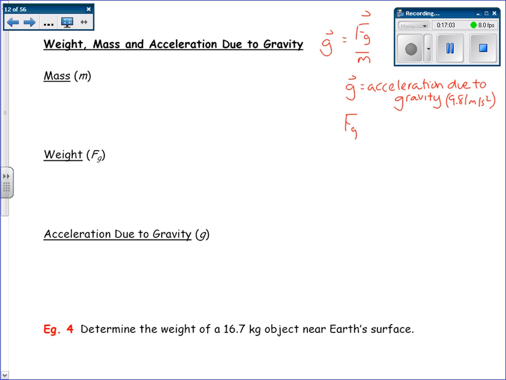Fg is the force of gravity in newtons. It's also called weight. And m is mass, again, which we should be familiar with, and that's in kilograms. So mass, which is given the variable m, is measured in kilograms.